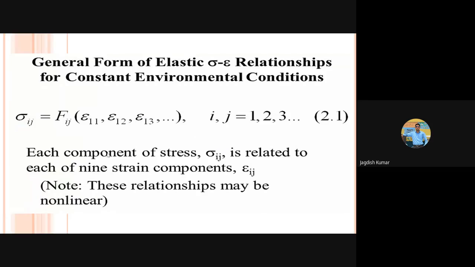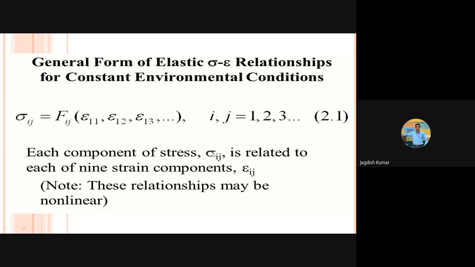So basically, for a 3-dimensional material, Hooke's law in general is the law which relates stress with strain. Here, that is how we can write down that sigma is equal to F_ij, which is a function of E11, E12, E13, and so on. Now I will be talking about this. What is this sigma?